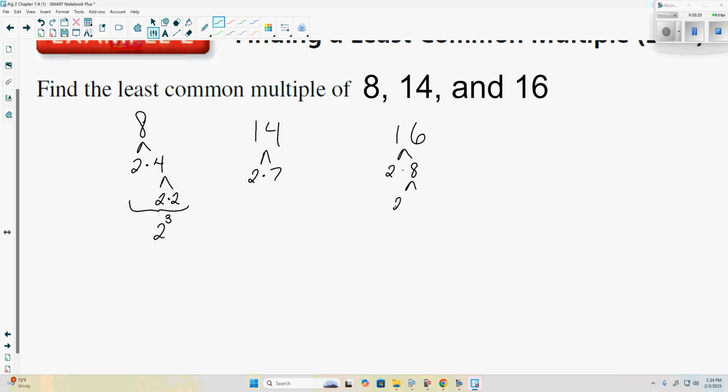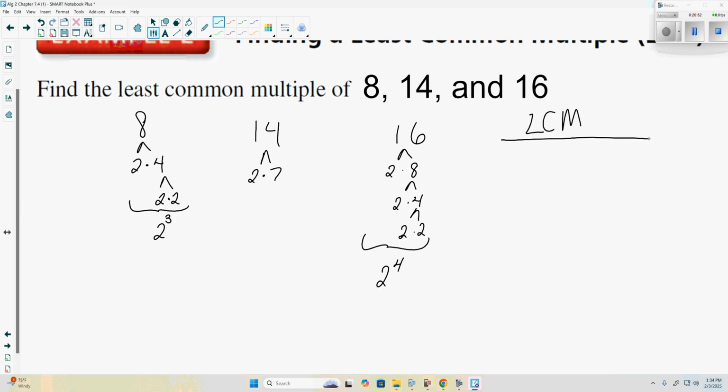Well, 8 is 2 times 4, and 4 is 2 times 2. So the prime factorization for 16 is 2 times 2 times 2 times 2, or 2 to the 4th power.